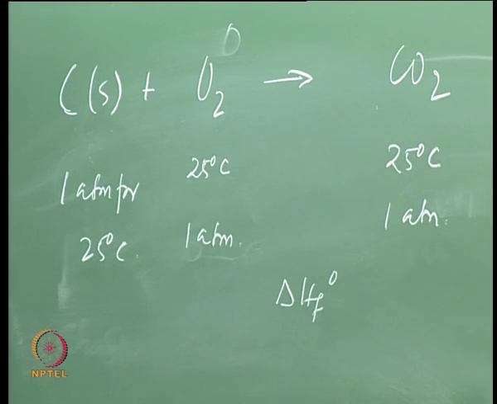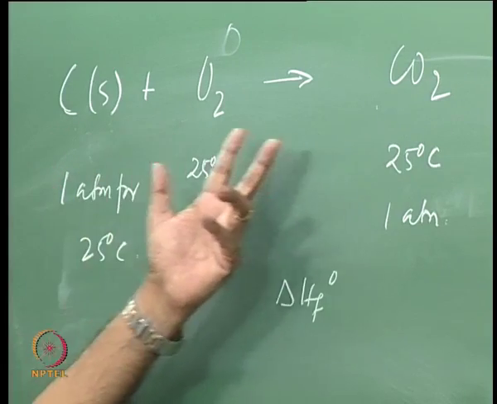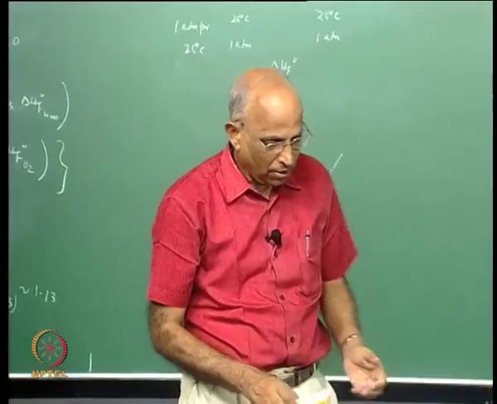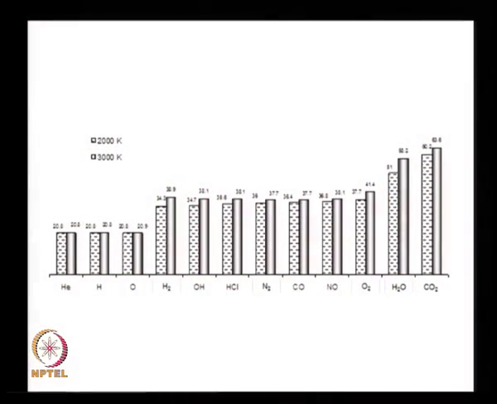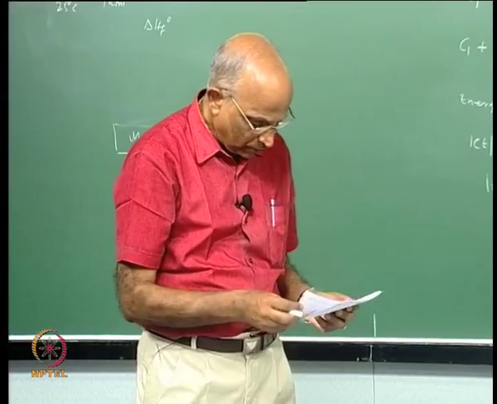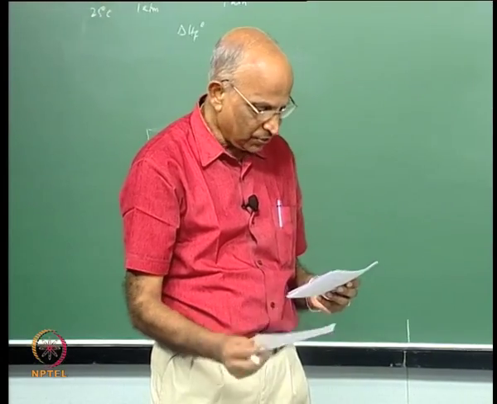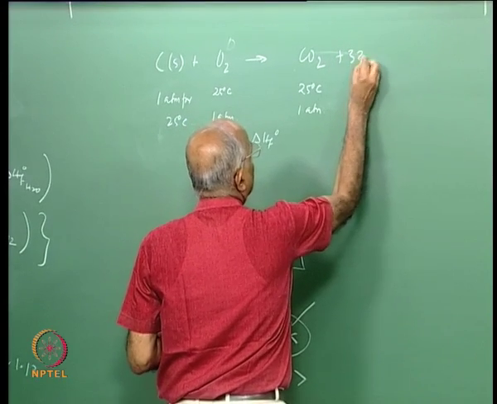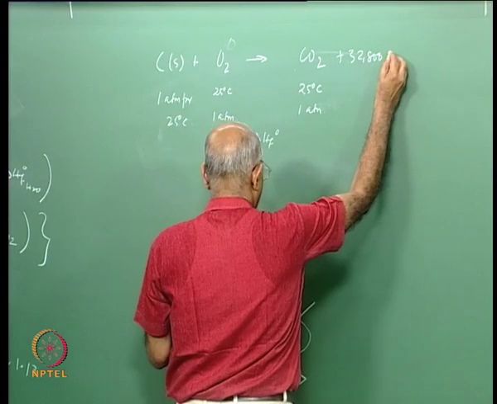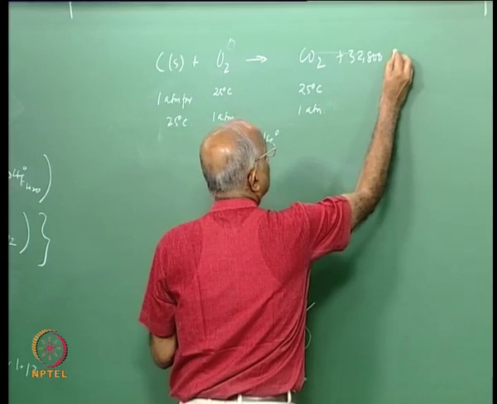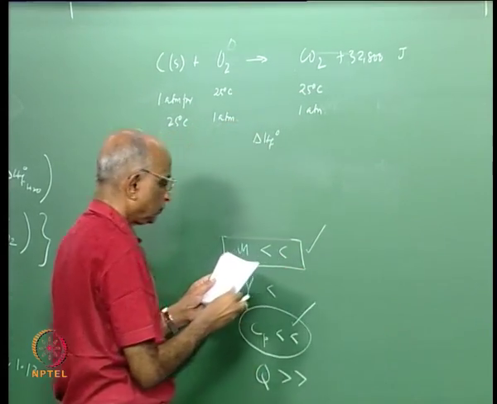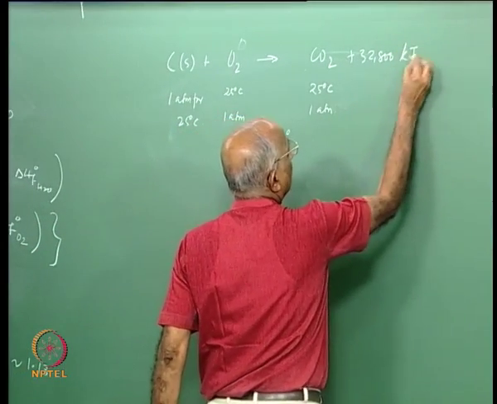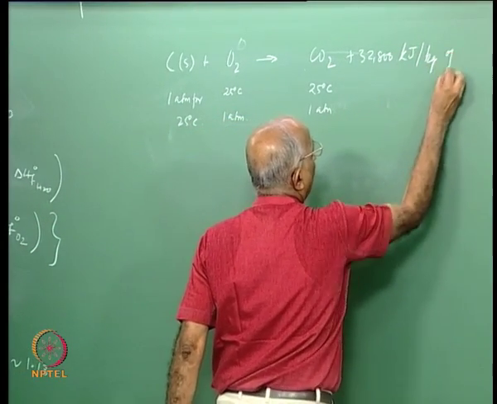But all of you know, if I take carbon and burn it, it gives out a large amount of energy, and the energy which I get from burning 1 kilogram of carbon is something like 32,800 kilojoules per kilogram of carbon burnt.